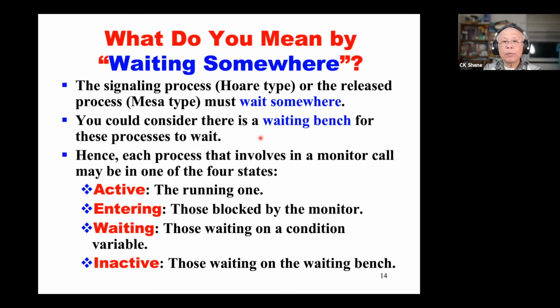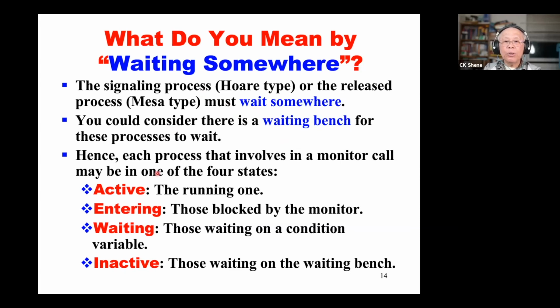Notice here, under the Hoare type, the signaling process is kicked out of the monitor. Under the Mesa type, the released process is kicked out of the monitor. So this kicked out process must find a place to wait. Let's abstractly call this waiting place a waiting bench.